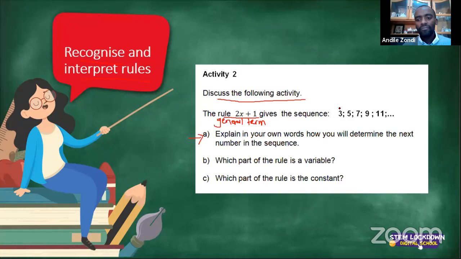How do I move from 3 to 5? Obviously, I need to add 2. It must be the same throughout. By the way, this is called a constant difference. So in your own words, add 2 to the previous number. Now let's look at B.